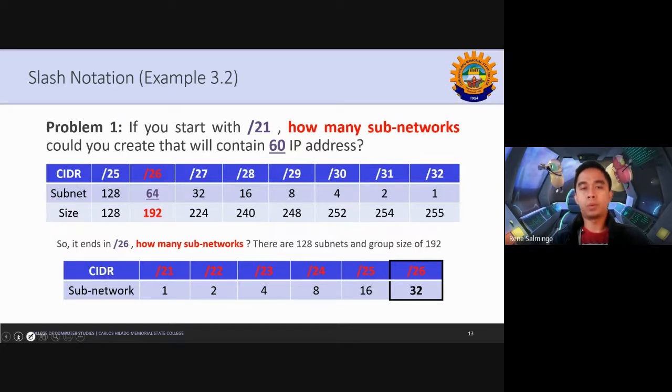So if you start with /21, how many subnetworks could you create to contain 60 IP addresses?